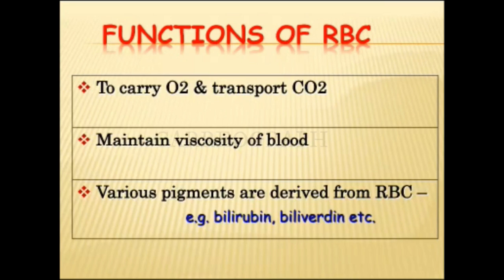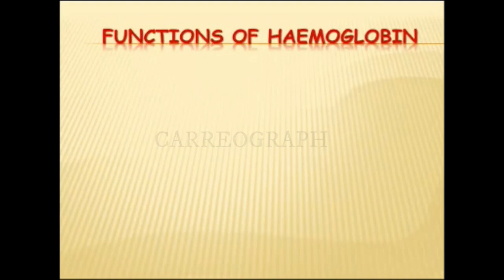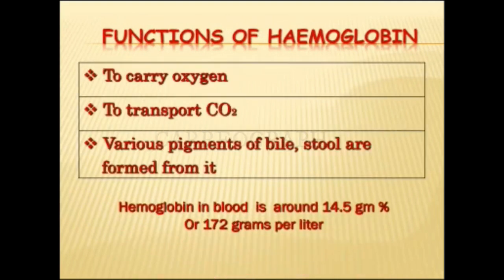Now we will see the function of hemoglobin. As RBCs contain hemoglobin, hemoglobin also carries oxygen as well as transports carbon dioxide, and the various pigments of bile and stool are also formed from hemoglobin.